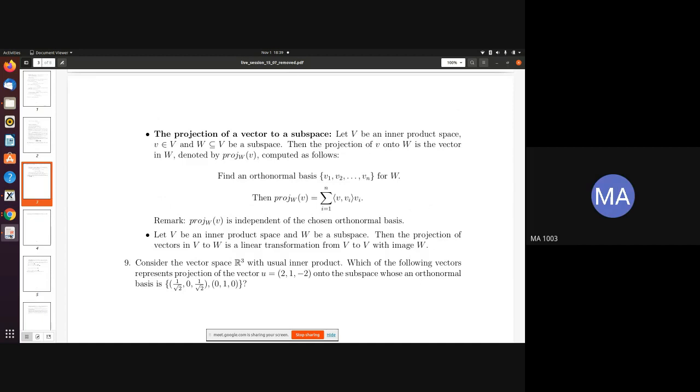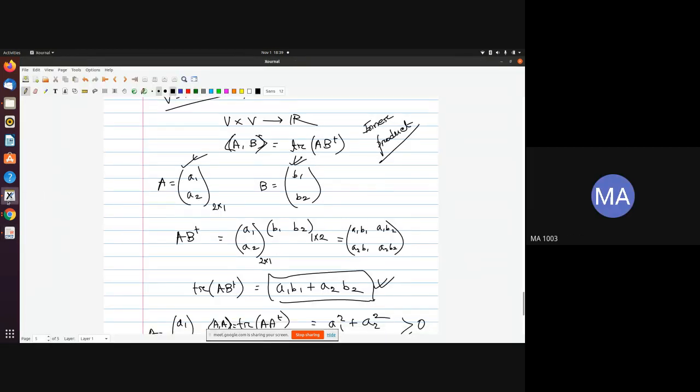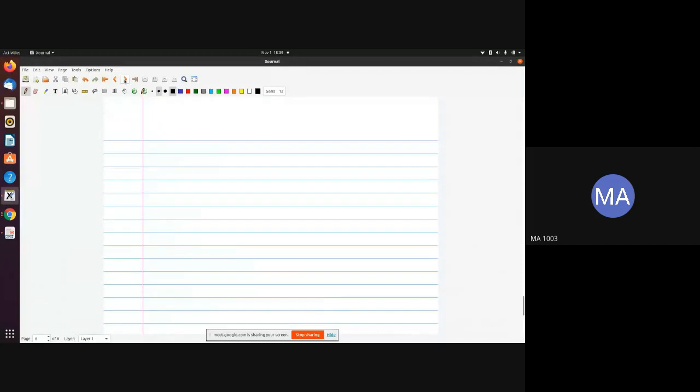Now, when do we call two vectors orthogonal? When the inner product is 0. So suppose I have a set of vectors v1, v2 to vn, n vectors, and I know that the inner product of vi and vj is 0.